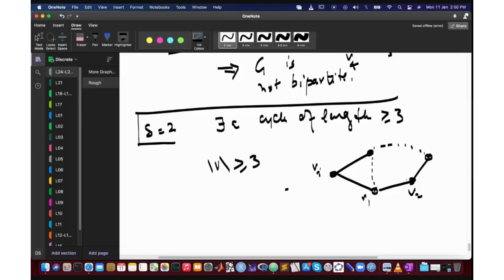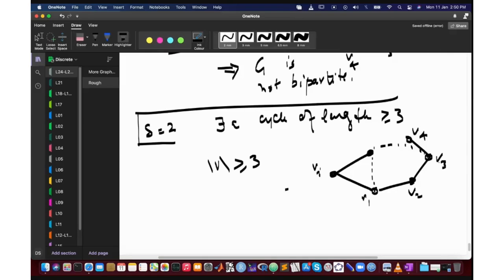But if it's not vi, we can go to a new neighbor, which is v3. v3 must have a neighbor. If it's vi, we are done. If it's not vi, then it must be some other vertex, v4. And we keep going. Since there is a finite number of vertices, it must hit back to some vertex, either vi or one of these vertices here.